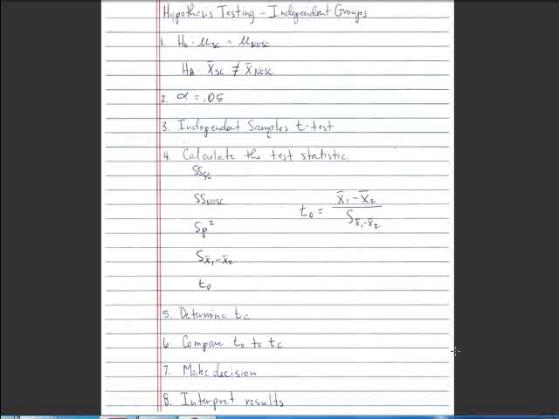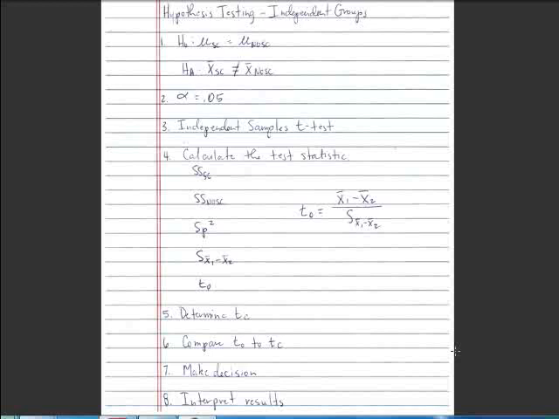It would not make sense to have any one person be a member of both groups. So independent samples t-tests mean that people cannot be in both groups.